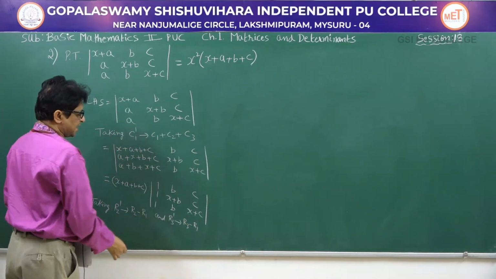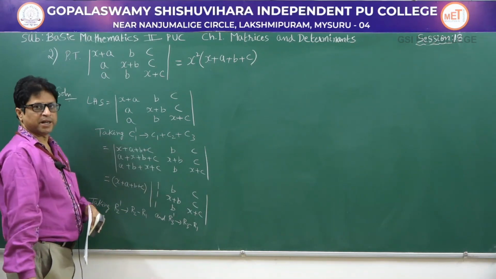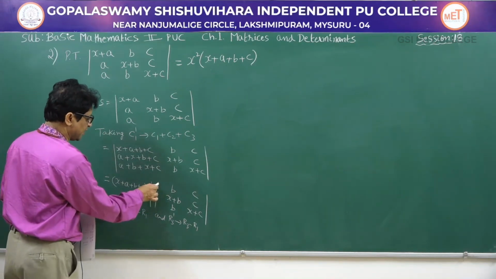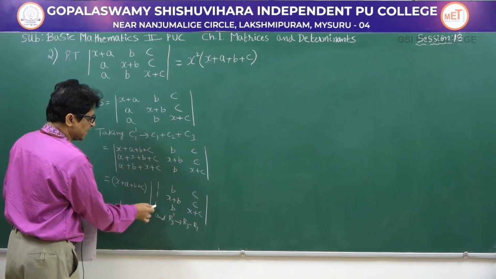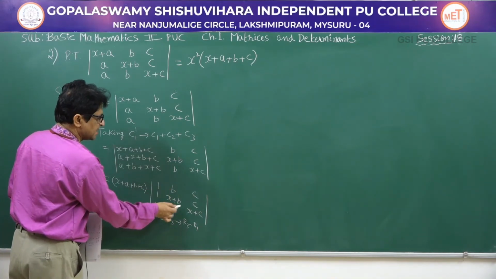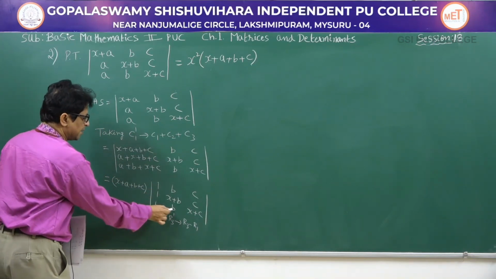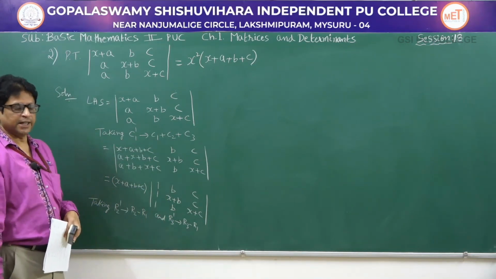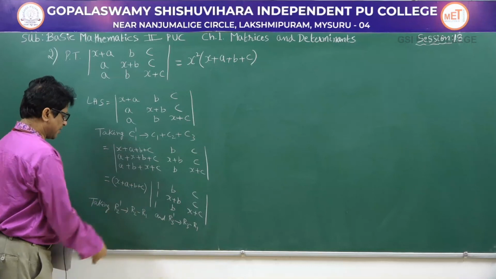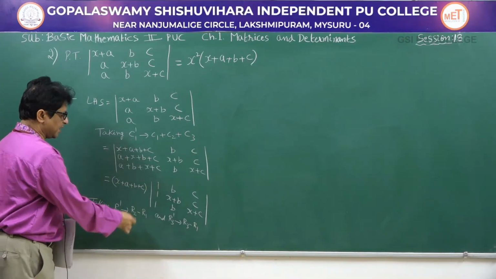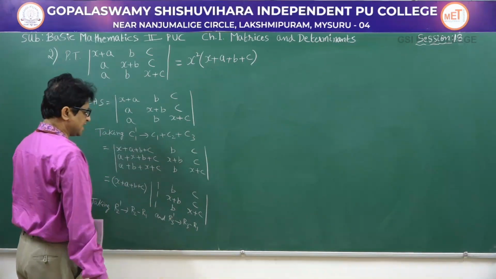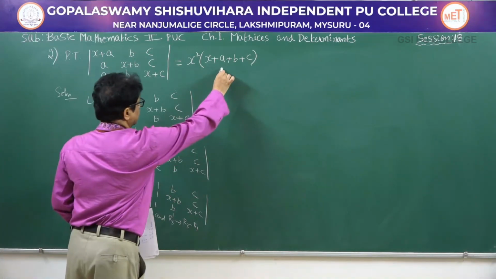So by using these operations, we will get maximum number of zeros, that is 1 minus 1, 0, 1 minus 1, 0, b minus b, 0, c minus c, 0 we will get. So we will get maximum zeros. Therefore, we use the row operations, that is R2 dash is R2 minus R1 and R3 dash is R3 minus R1.